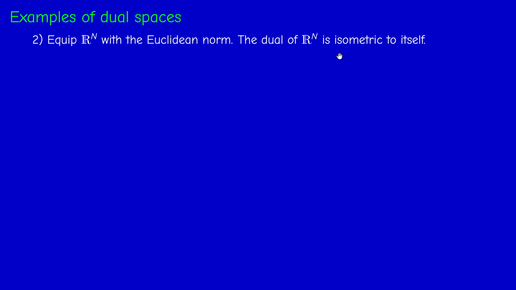Anyway, so fix the Euclidean norm on R^n. And I claim now that the dual of R^n is isometric to R^n. So we can identify R^n with its dual.